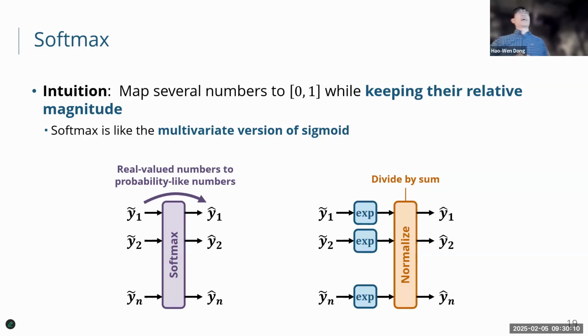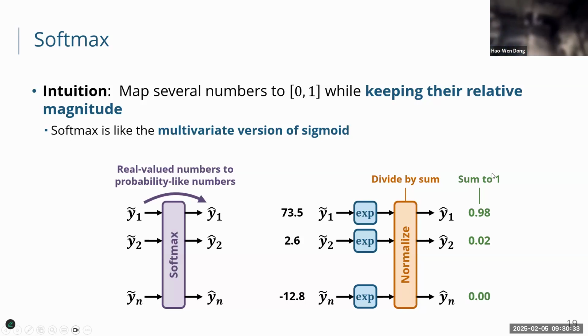So basically, you get some input like 73.5, 2.6, minus 12.8. That's whatever your neural net gives you, some unbounded numbers. And then after softmax, you get something that sums to 1.